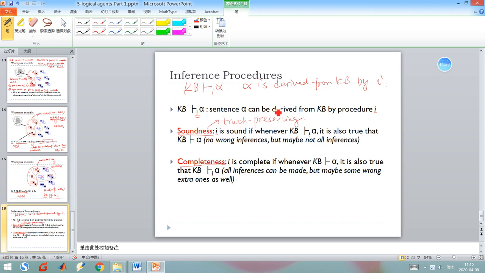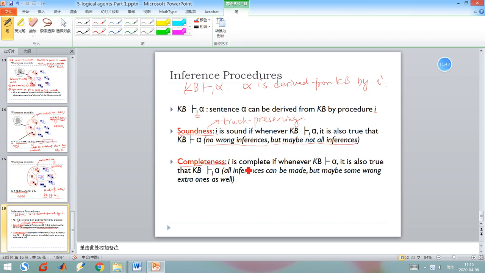Soundness is a very desirable property in logical inference. It aims to get no wrong inferences, but maybe not all inferences. The model checking we used before is a sound procedure.